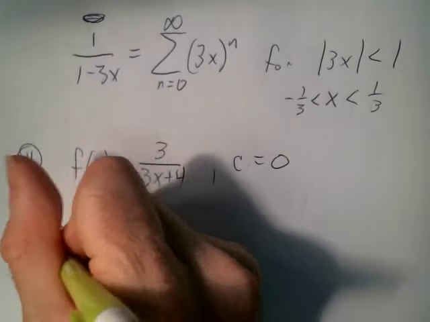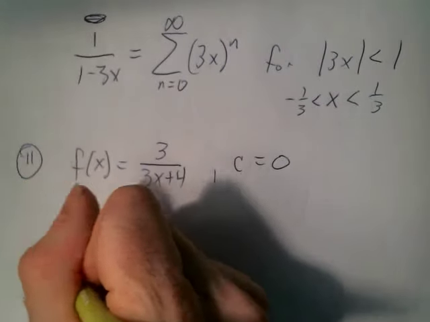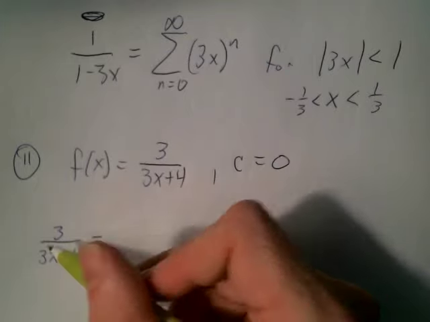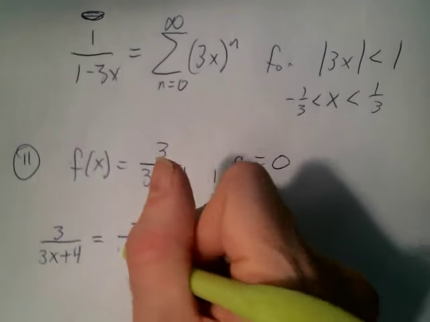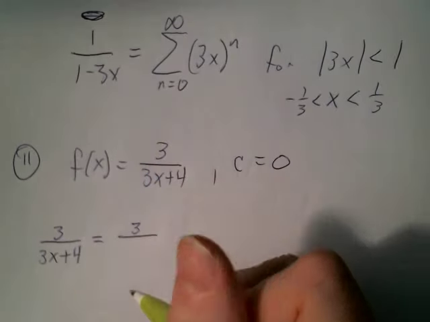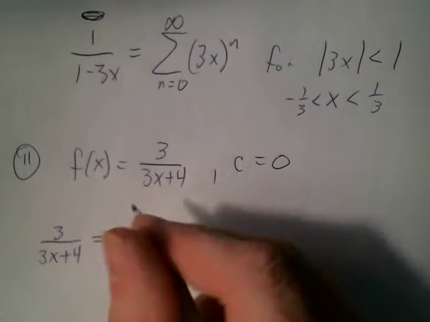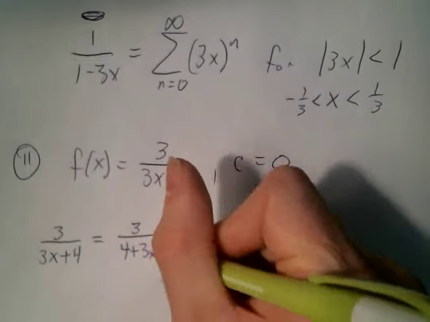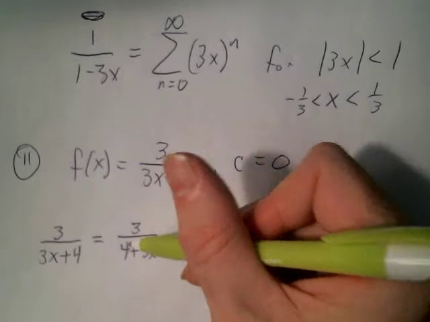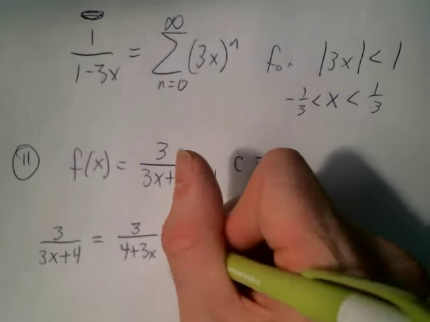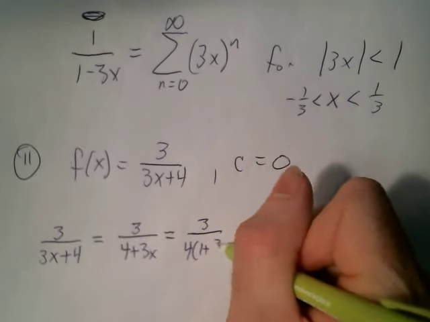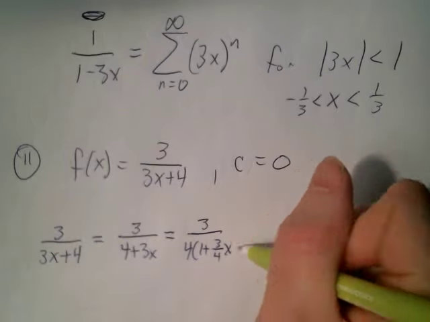So I'll start on this side, 3 all over 3x plus 4. I want 1 minus something, so you could rewrite it as 4 plus 3x, and then factor the 4 out to get a 1 in this leading position, so to speak. So 3 all over 4 times 1 plus 3/4 x.